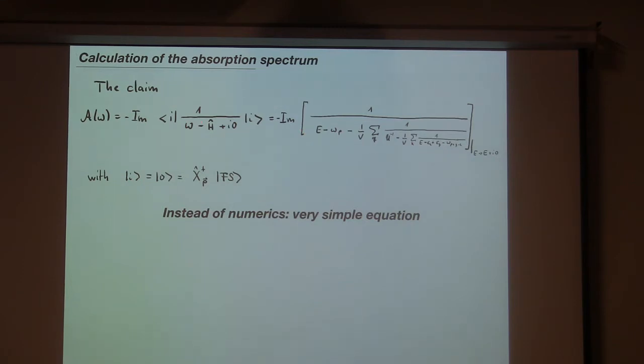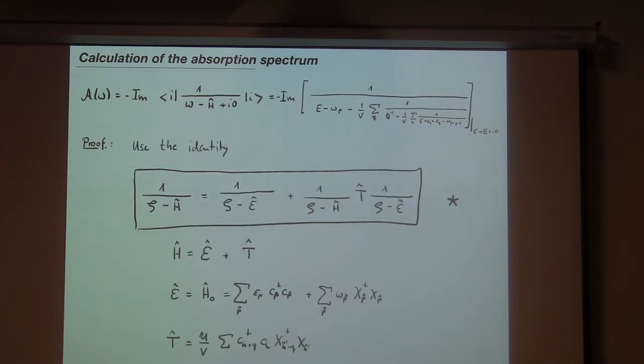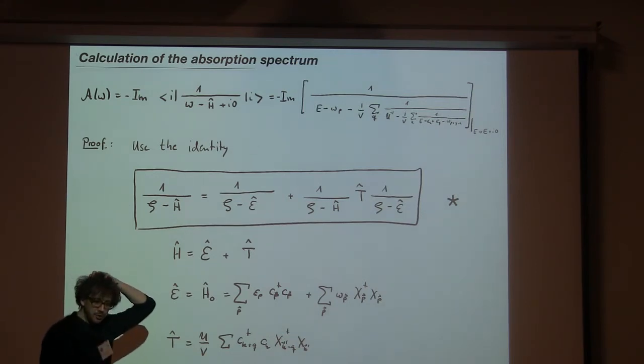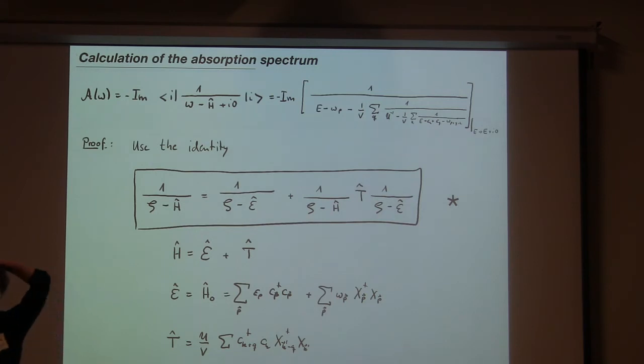And what we can use in the proof is an extremely simple identity. It's actually helpful in many cases, if you don't want to do diagrams or such things as perturbation series equations, you can use these identities and they are very helpful.